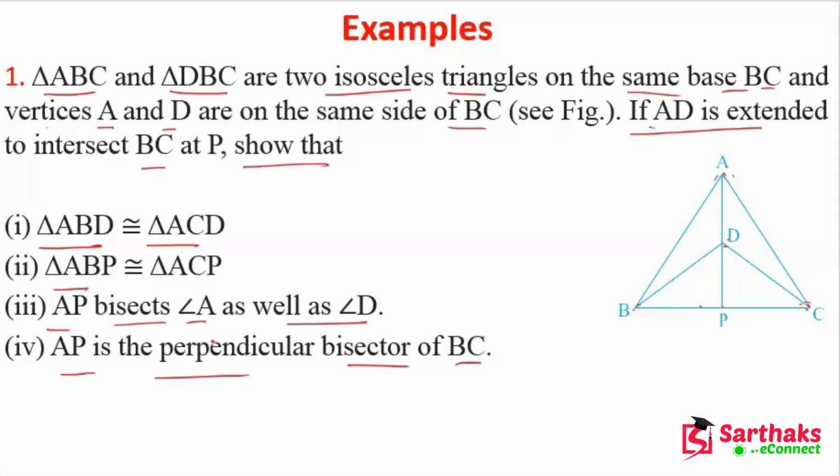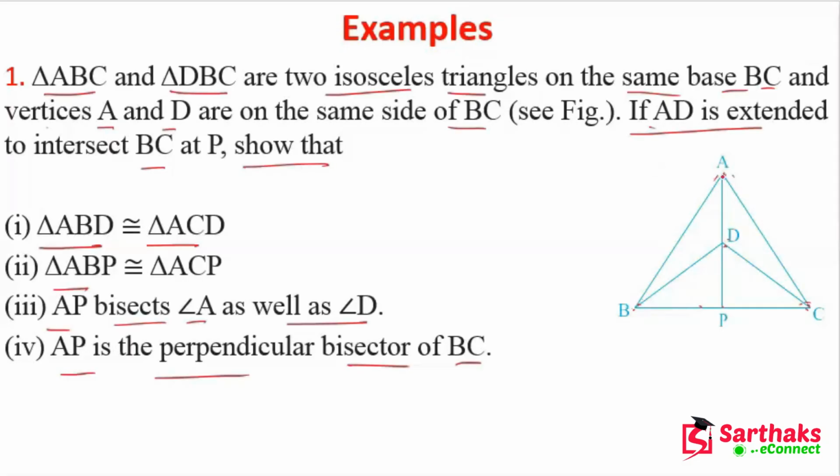So in this question, it is given that triangles ABC and DBC are isosceles triangles. Now in the first part of this question, in triangle ABD and triangle ACD, ABD means this triangle and ACD means this triangle.